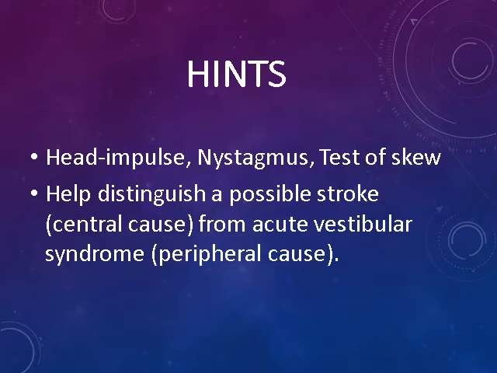Stroke is a life-threatening central cause, whereas acute vestibular syndrome is a peripheral cause that is benign. What does acute vestibular syndrome mean? It means rapid onset of vertigo together with nausea, vomiting and gait unsteadiness, and the patient cannot tolerate the least head motion.